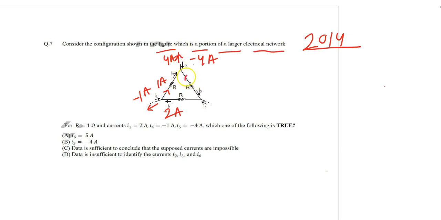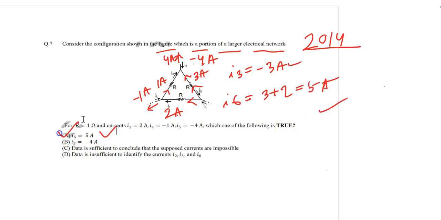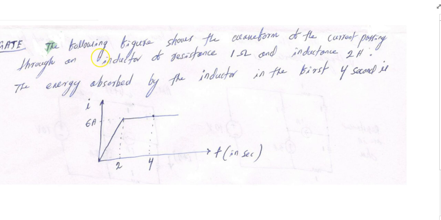So this current is your 3 ampere. That means your I3 is equal to minus 3 ampere. So this is your 2 ampere and this is your 3 ampere. So I6 will be 3 plus 2, which is 5 ampere. Option A is correct. Let us start another question.